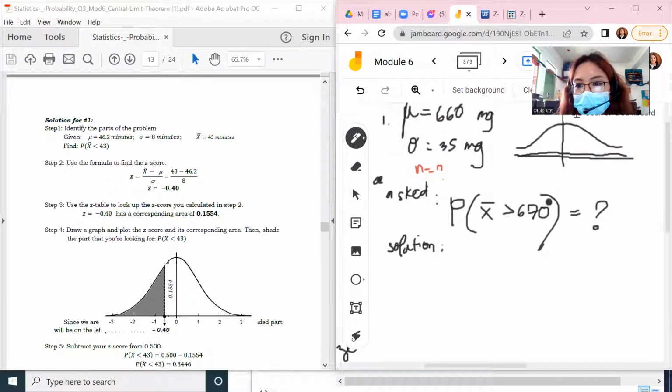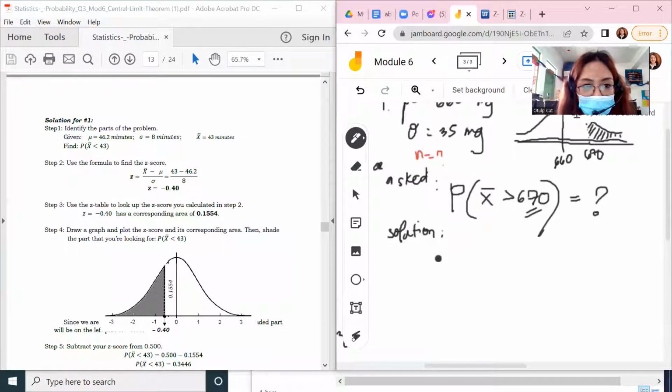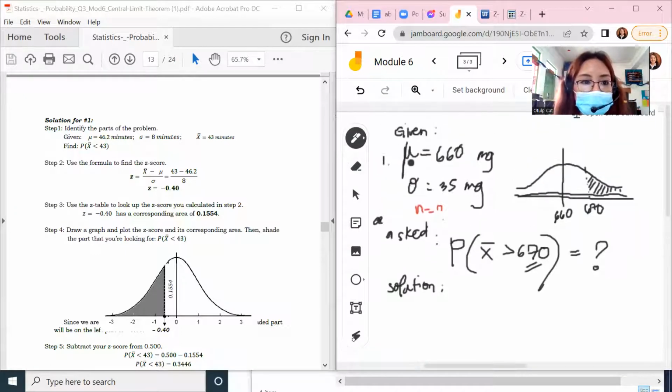In a normal distribution, the mean is the population average, which is 660 mg. So 670 will be located somewhere there, and we are asked to look for the probability of more than 670. So we are asked to look for this area under the curve. We already identified the parts of the problem.